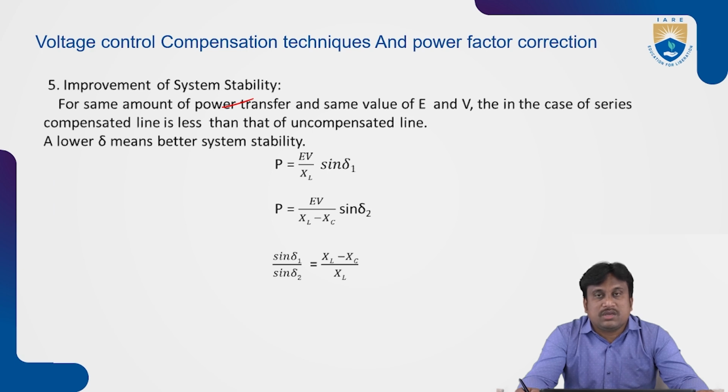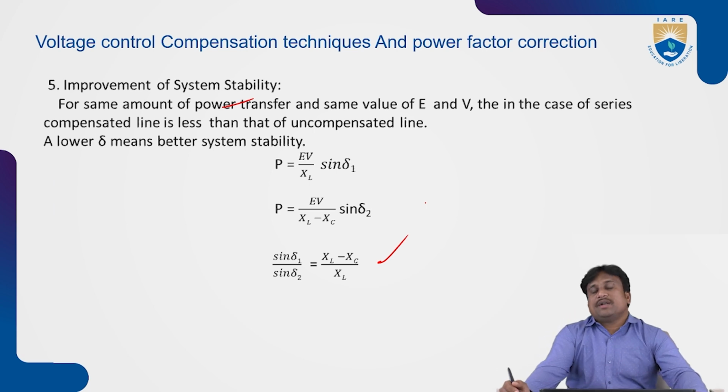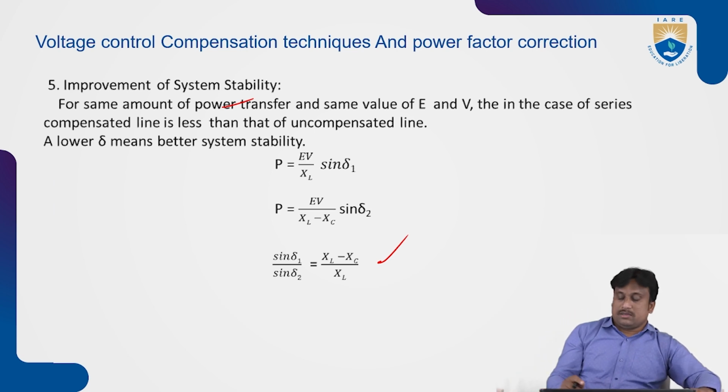So P equals EV by XL sine delta 1, and similarly EV by XL minus XC sine delta 2. These two are treated individually, and sine delta 1 by sine delta 2 becomes XL minus XC by XL. This gives the ratio of the angles delta 1 by delta 2.